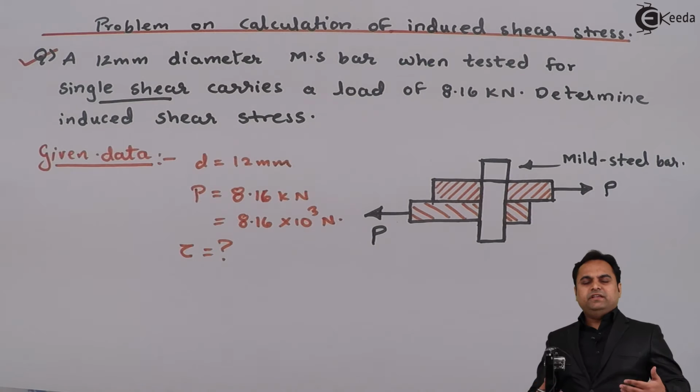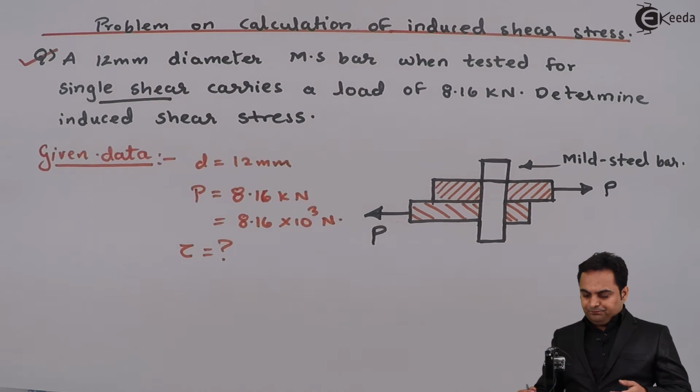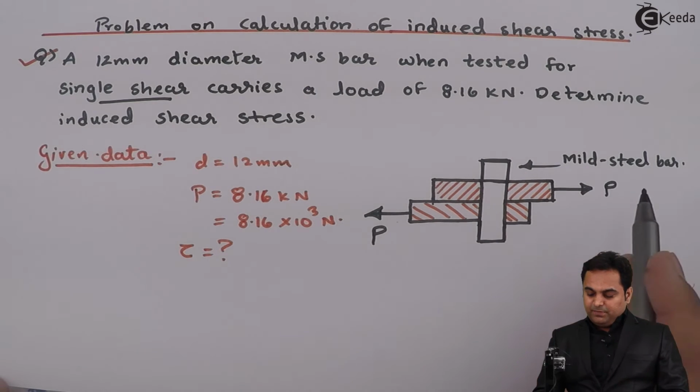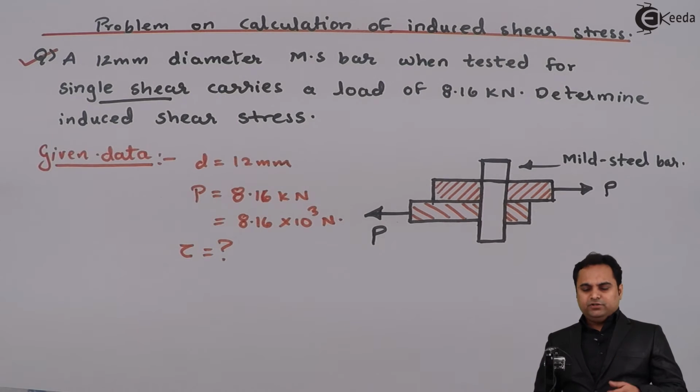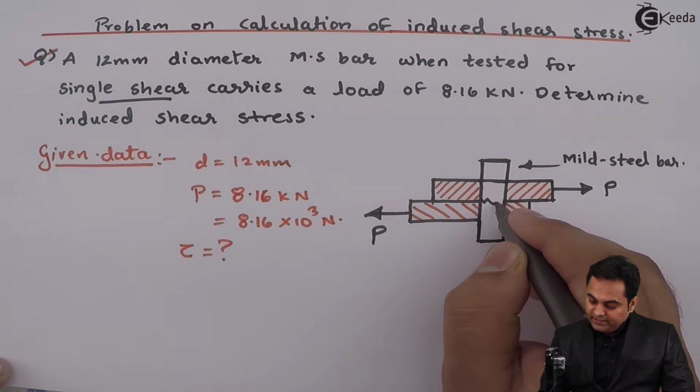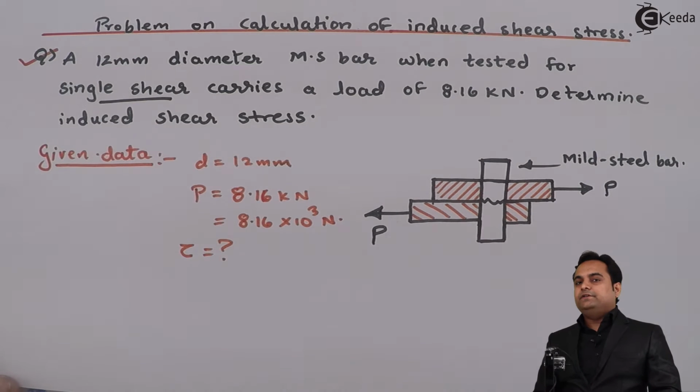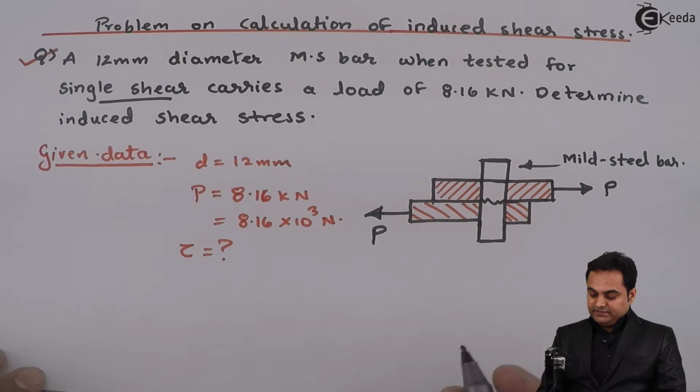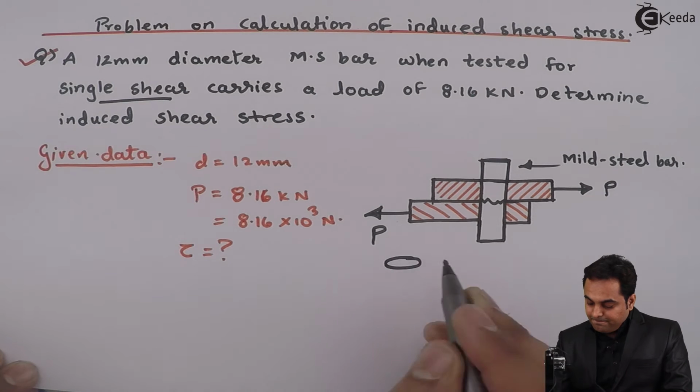Now because of these two opposite forces, their magnitude is same, what can happen is that this mild steel bar, which is circular in cross section since the diameter is given, it will break at this junction at the plate, and when it breaks it will look like this.